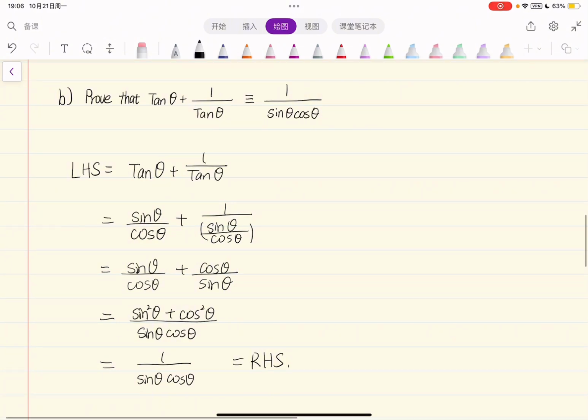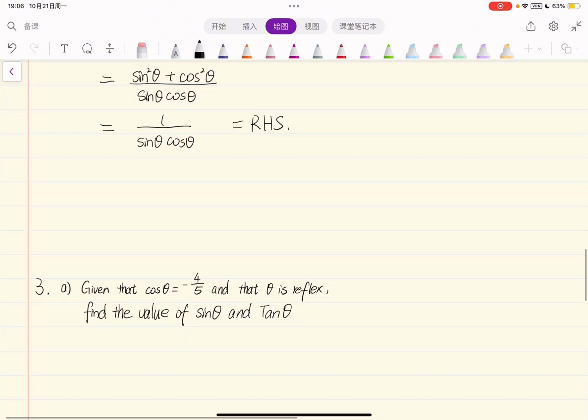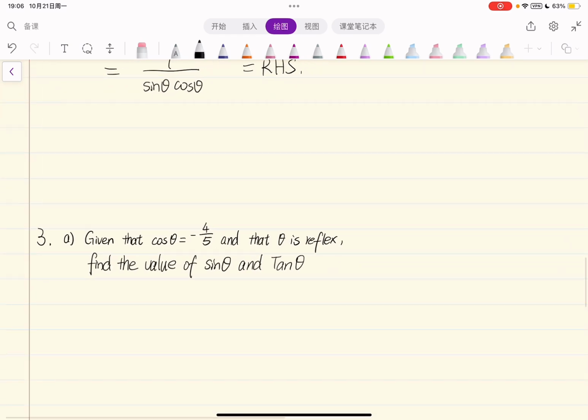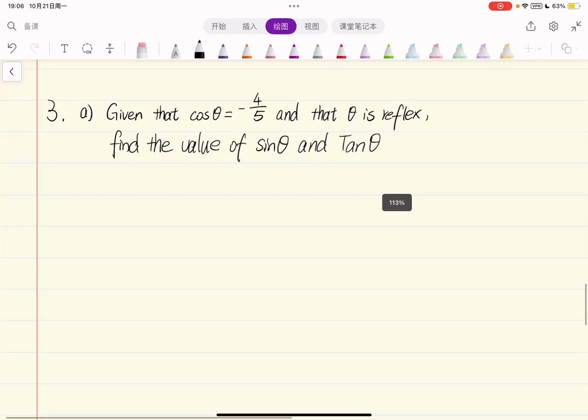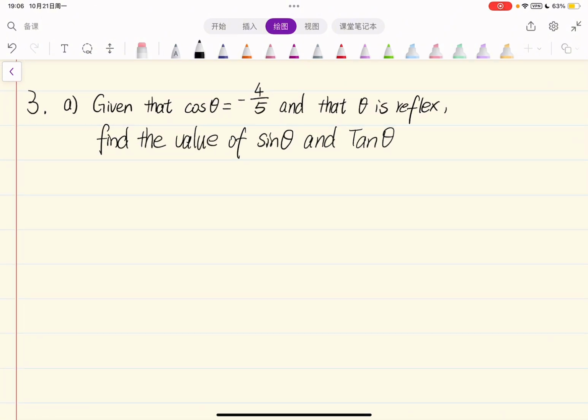Now let's move on to see the third question. We have that given that cosine theta equals minus 4 over 5 and that theta is a reflex, find the value of sine theta and tangent theta.